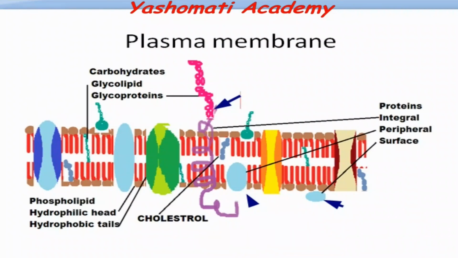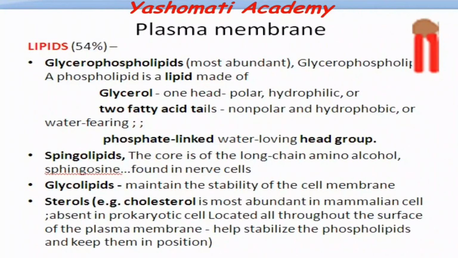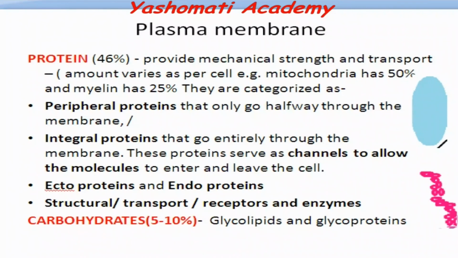The other kind of categorization is ectoproteins or endoproteins. Ectoproteins are proteins present on the outside, and endo means present on the inside. These proteins are important because they make the structure, they help in transport, they form the receptors where different molecules can attach, and they are also enzymes.